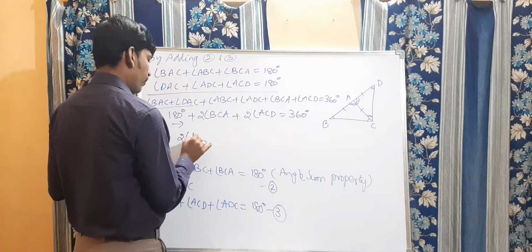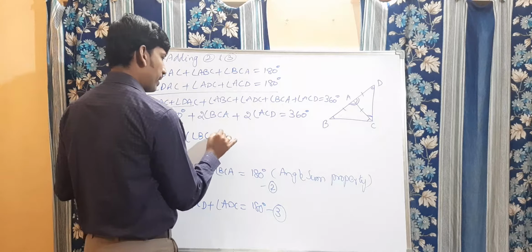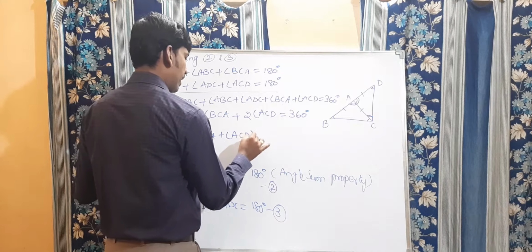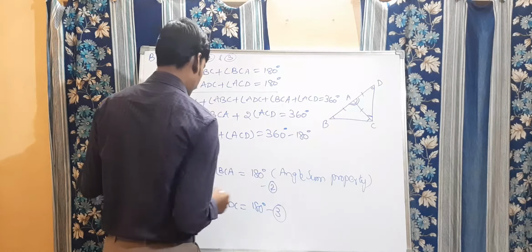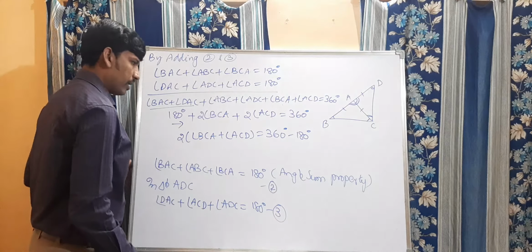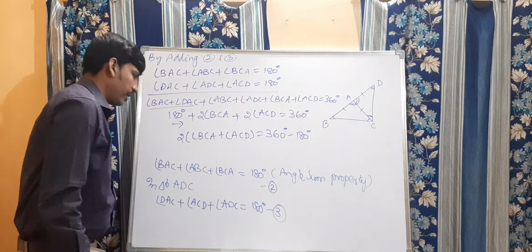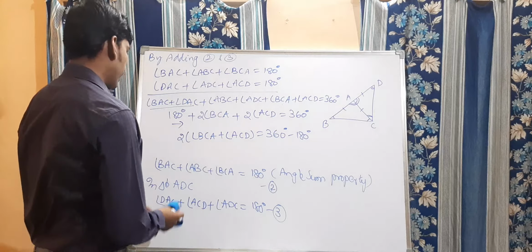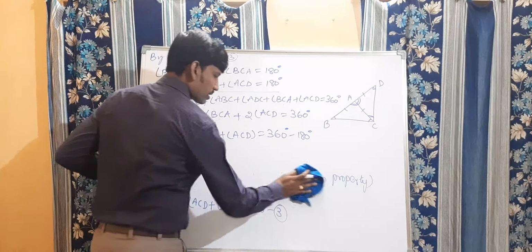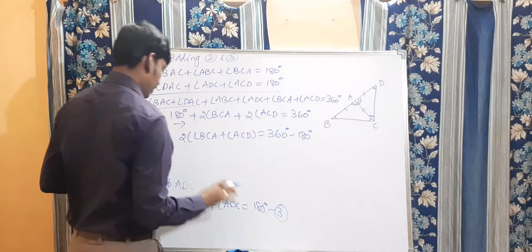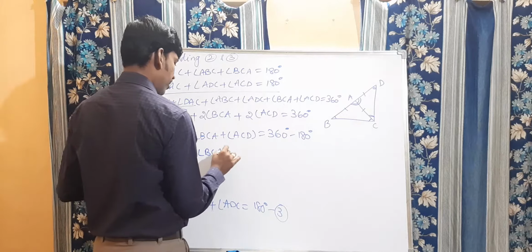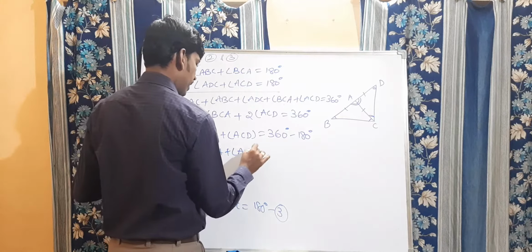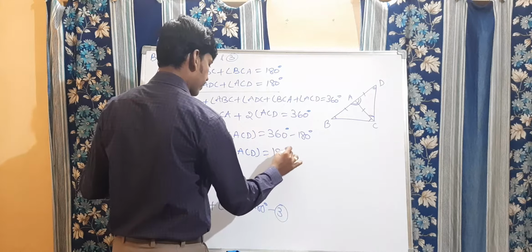So 2 times angle BCA plus angle ACD is equal to 360 minus 180 degrees, which is 180 degrees.